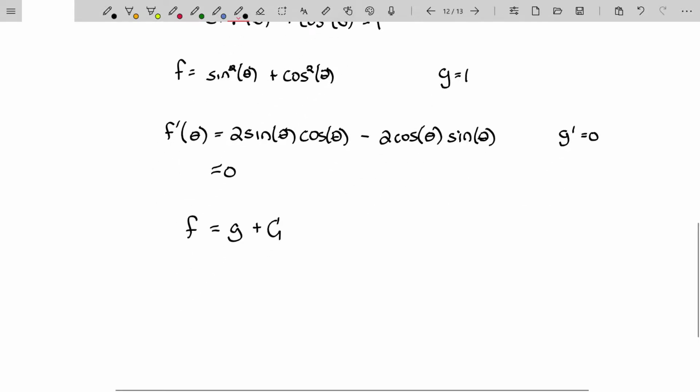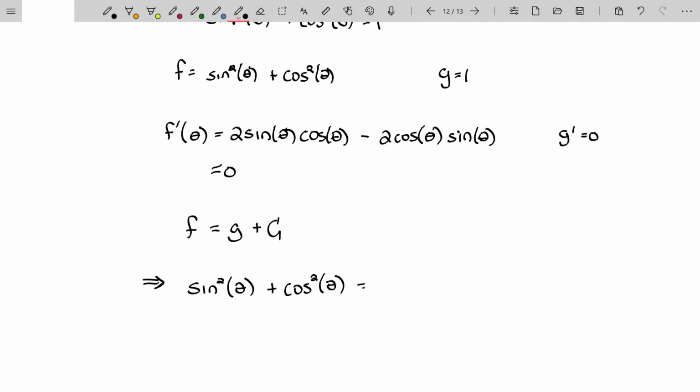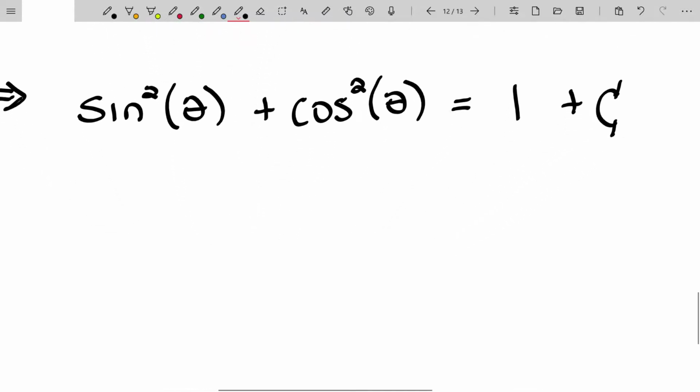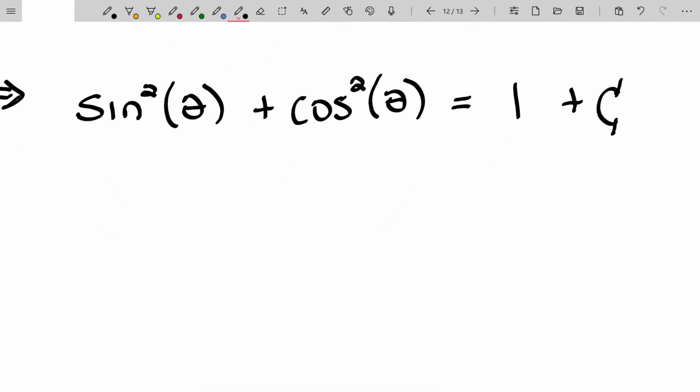This implies that sine squared of theta plus cosine squared of theta, that's f, must equal g, which is 1, plus some constant c. Now all you need to do is intelligently select an appropriate value for theta, like theta equals 0. Because this equation is true, this is called an identity, this equation is true by the previous theorem.